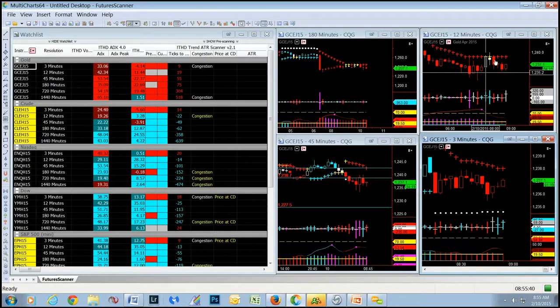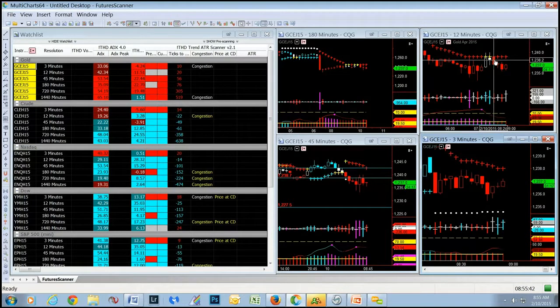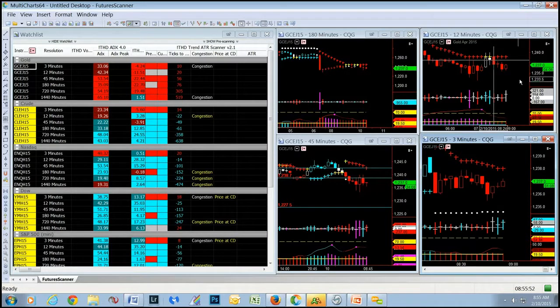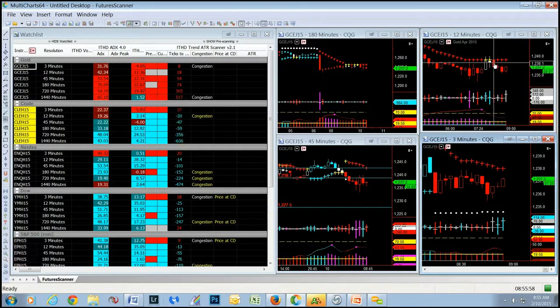Are you going to take it just because it turned red? And that's an important question. You don't have divergence. Is this bar as high as this bar? No, it's not.